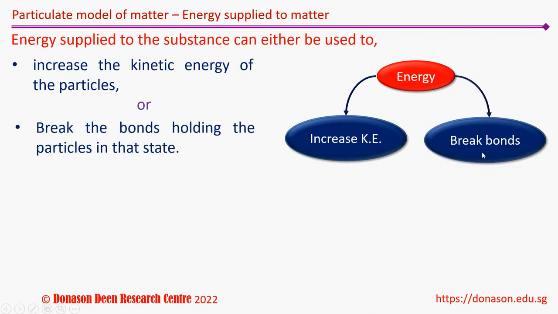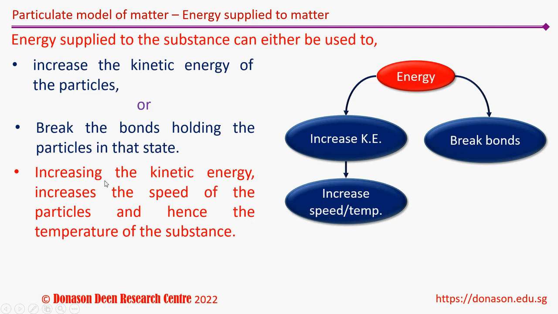Or alternatively, the energy can be used for breaking the bonds holding the particles together in a given state. So either it can go to increase the kinetic energy or it can go to breaking the bonds holding the particles together in that particular state.